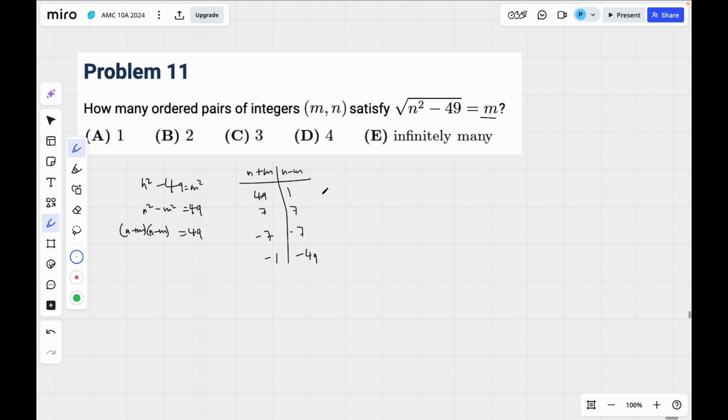And now we can solve for m, n. Now we can plug these back in to make sure they all work, and they do, so our final answer is D. There are 4 ordered pairs.